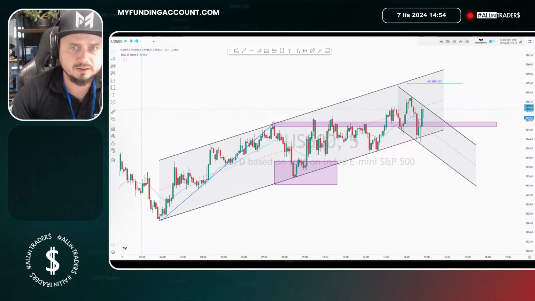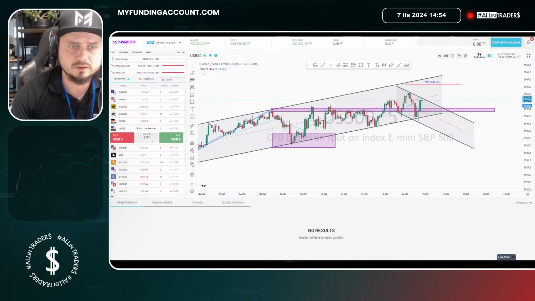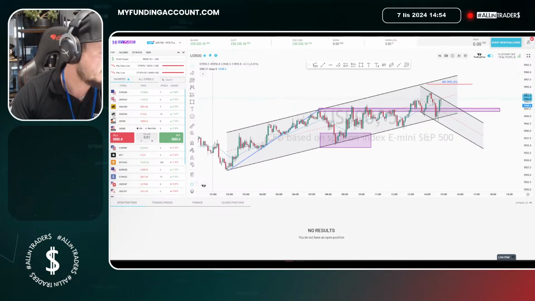Okay, so what else can we do on the market? Let's check other assets. Gold is slowly coming back.